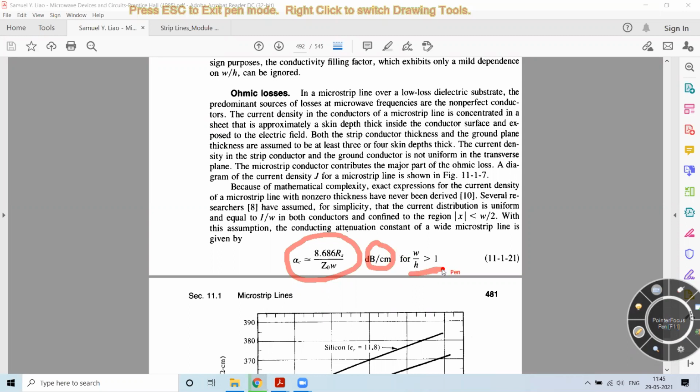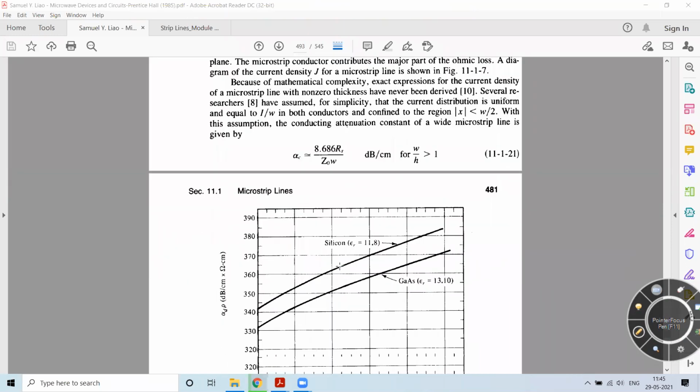This equation holds when w by h is greater than 1. Now here, what is rs? Z naught is anyway the characteristic impedance which we have seen. W is the width of the strip line and h is the height of the dielectric material which is being utilized, and rs is the skin resistance.